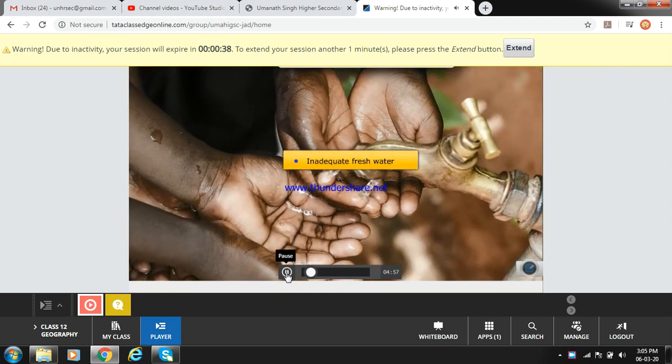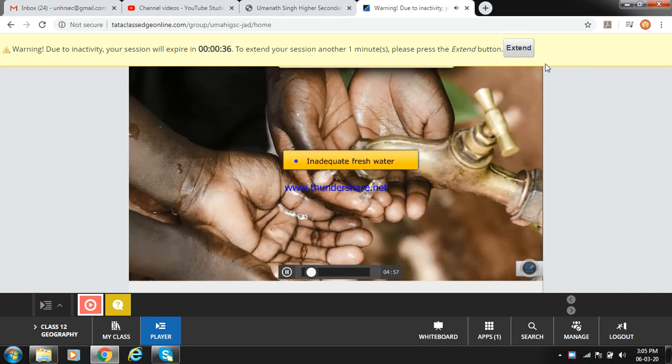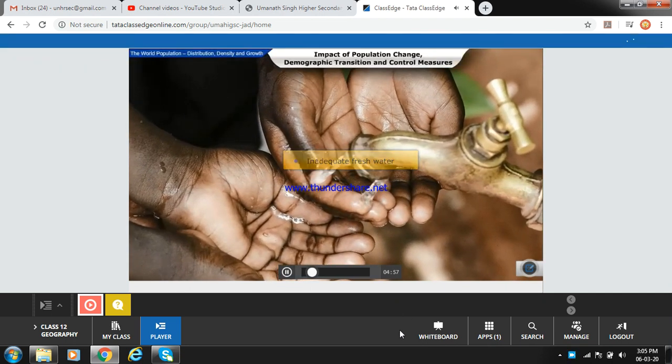Inadequate fresh water for drinking as well as sewage treatment and effluent discharge.